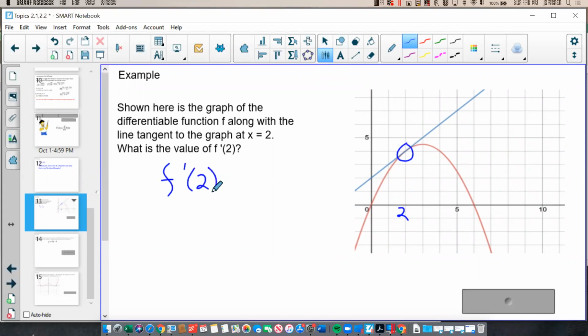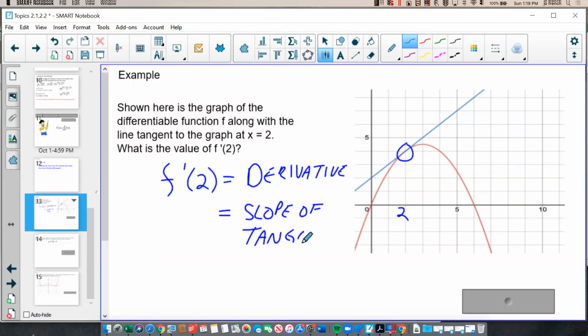F prime of 2 is the derivative of the function when x equals 2, according to our notation, which, as we know, the derivative is also equal to the slope of the tangent line, as well as the instantaneous rate of change.